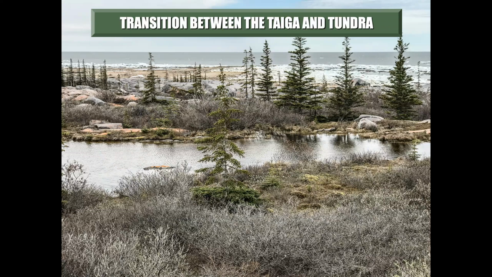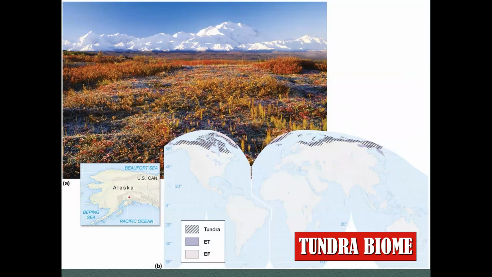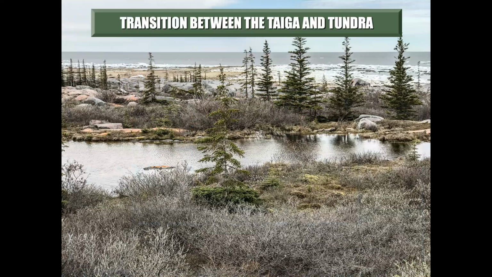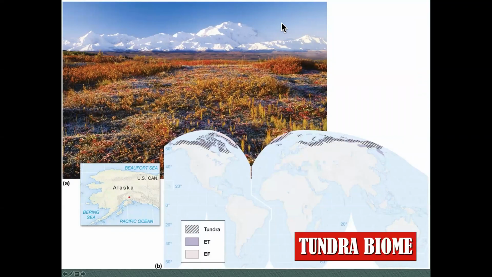The tundra is the tundra because the ground is frozen beneath the surface, so trees cannot establish roots. If you go back to this image, there is just enough warmth to support some pine needles. But this is the transition between the taiga and the tundra. So that would be the ET climate.